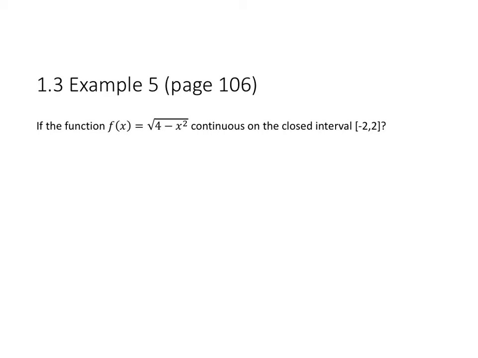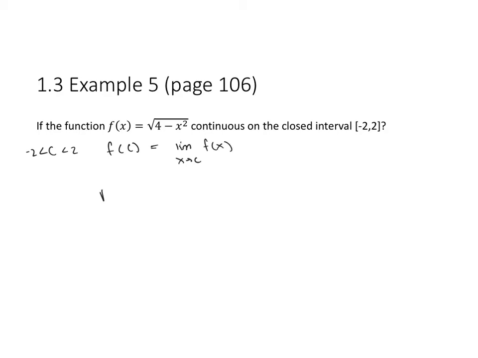So first let's think about what happens between the two values of -2 and 2. If I pick any c in between -2 and +2, is it going to be true that f of c is going to equal the limit as x goes to c of f of x? Well, let's see.